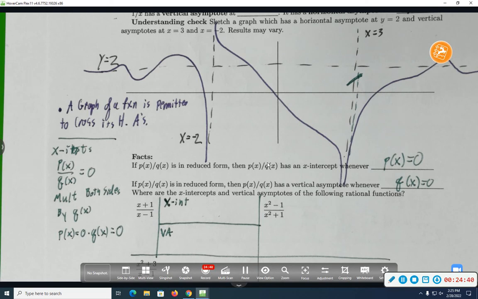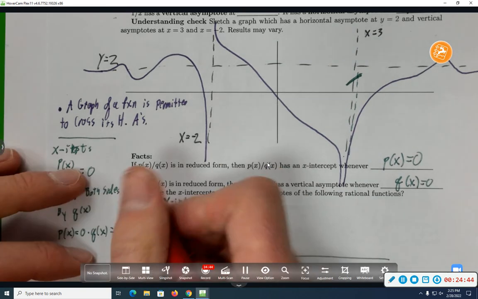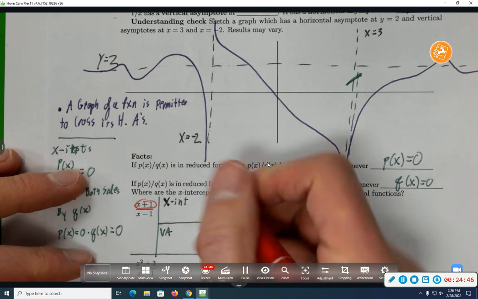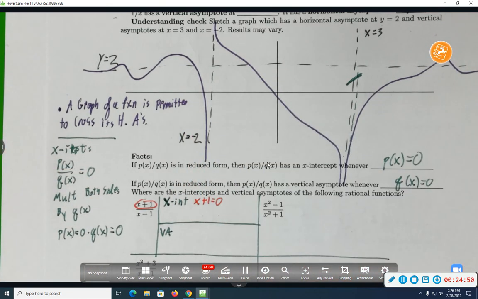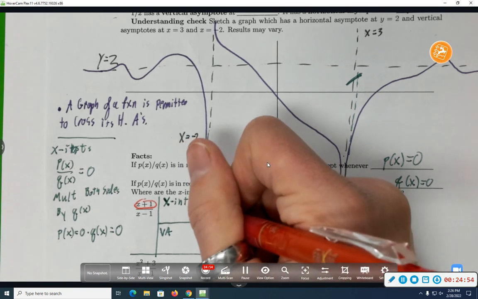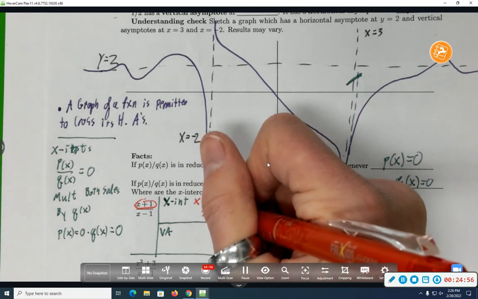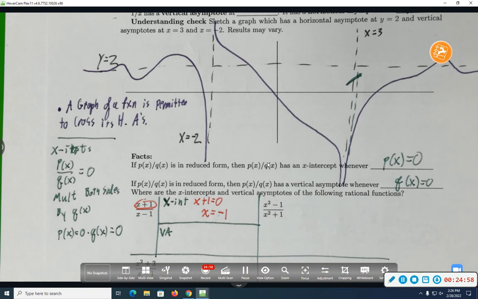The numerator. So you need to set that equal to 0. And what is the solution to that equation? I think -1? Let's do that.